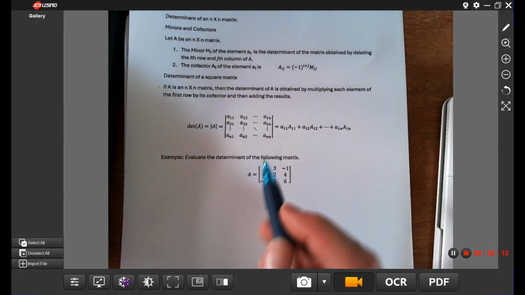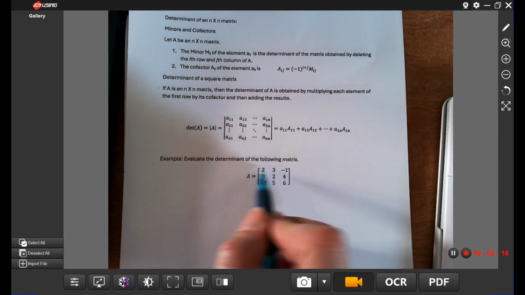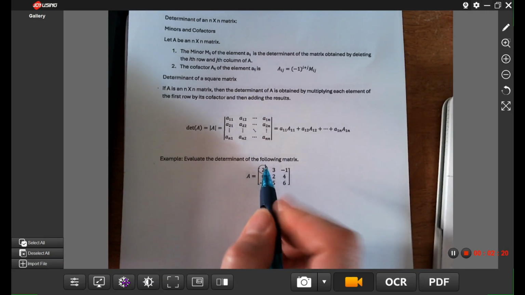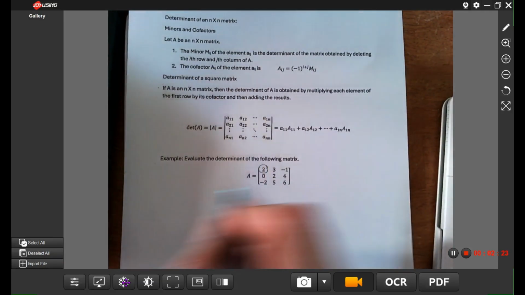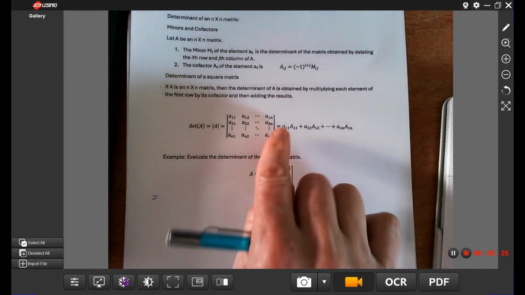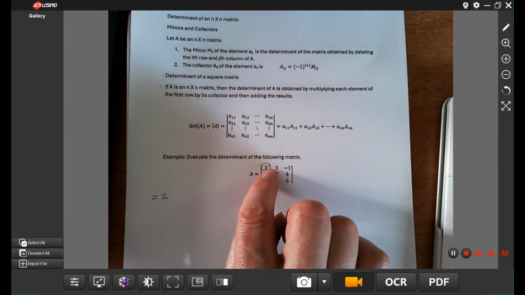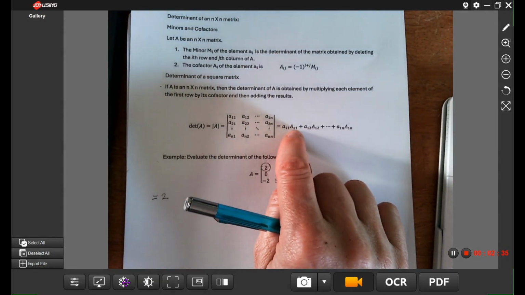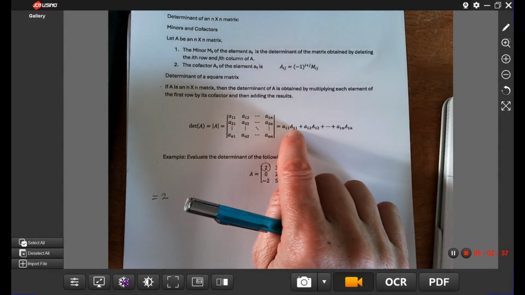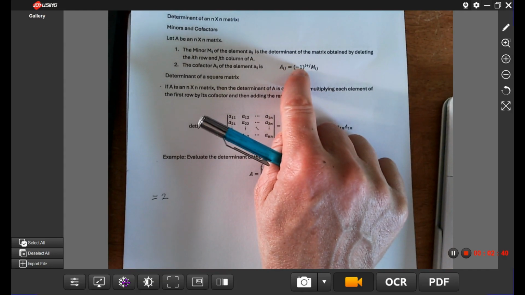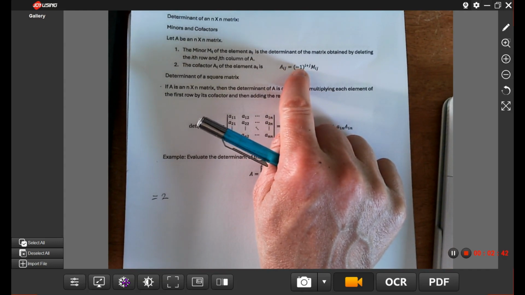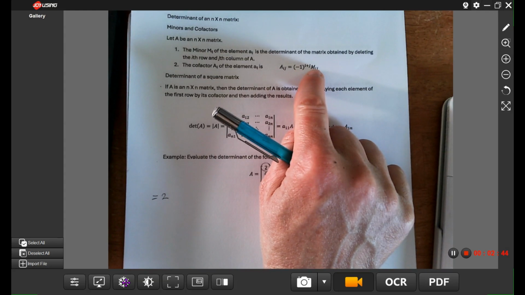So the first thing we do, remember we're working on row 1, so we start with this first entry, A sub 1,1, and we write it out. So we have A sub 1,1, which is 2, and we multiply it by this capital A with the same subscripts, which has this coefficient that tells us whether it's positive or negative, and then this determinant of another matrix.